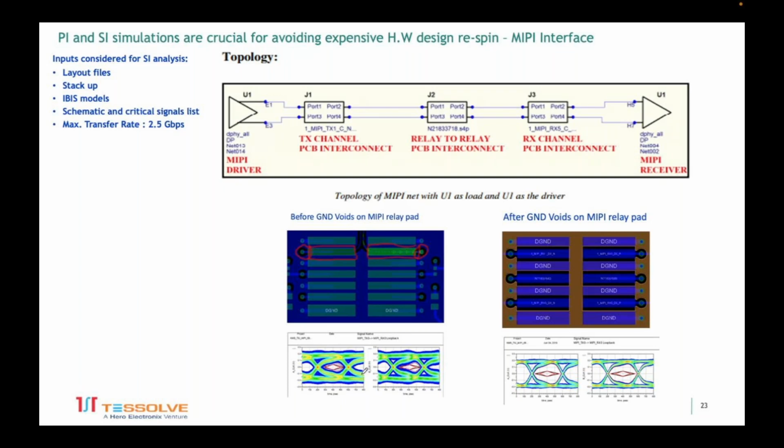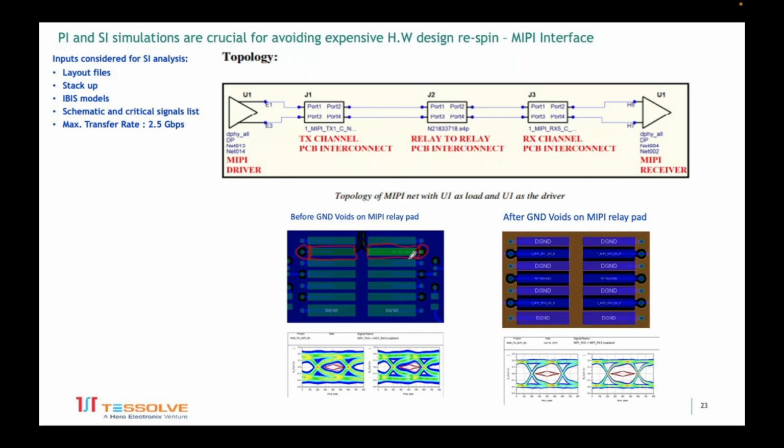The engineer had a genuine way to implement it. Somehow, when he did the copper flooding, he forgot to remove the copper. And in one of the relays, there was an issue where, through signal integrity, we could find that the eye opening is too bad. Then we found that and removed the copper beneath the relay, with the ground layer, and things improved.